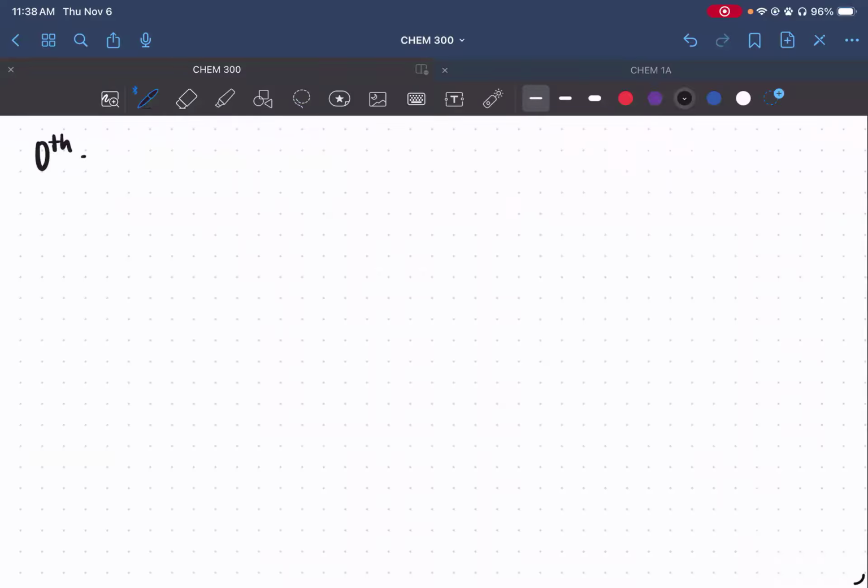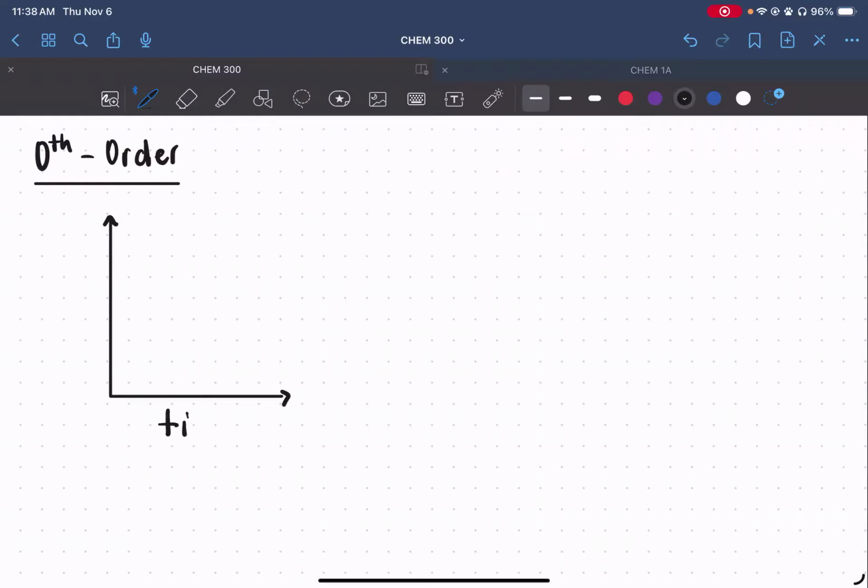Zeroth order, its graph is what we would expect. X-axis is time. Y-axis is concentration.